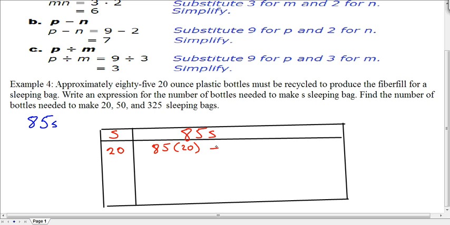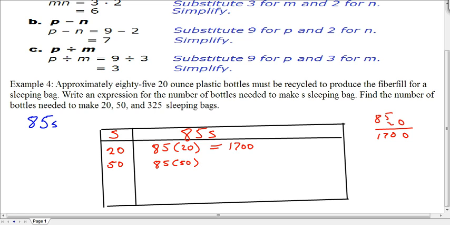And you just do your math. You can do it on the side. 85 times 20, that's going to give us 1700. So of course 1700 will be our first value. Then we'll substitute 50 for S, and then you're talking about 85 times 50.